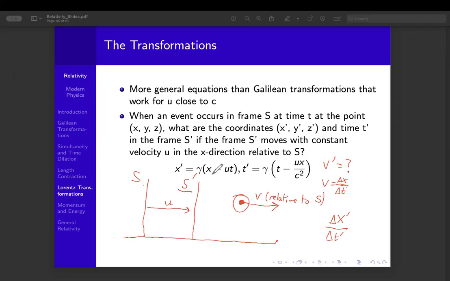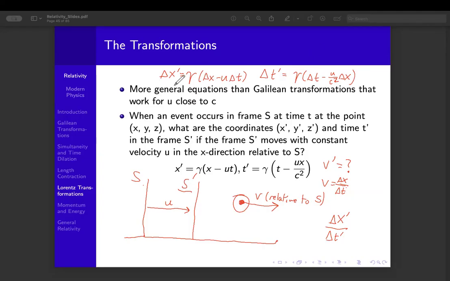So quite nicely, I could say, for example, that delta x prime should equal gamma delta x minus u delta t. I could say that delta t prime should equal gamma delta t minus u over c squared delta x. Remember that u is actually a constant velocity, so all that's changing are the x's and the t's here.